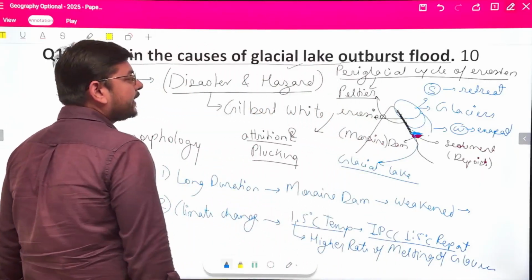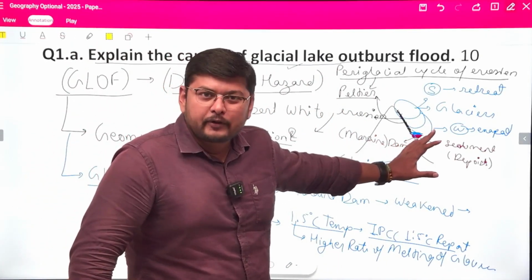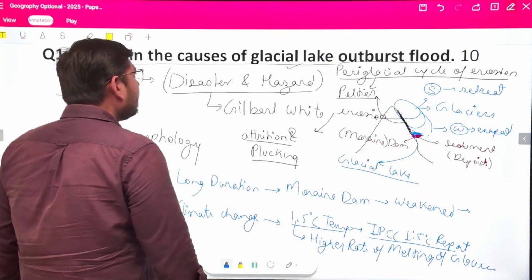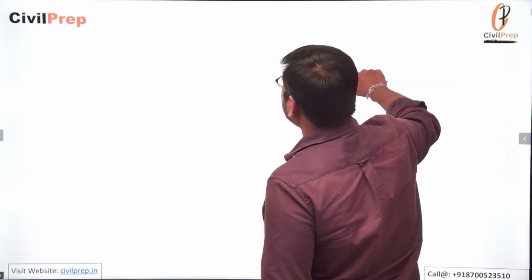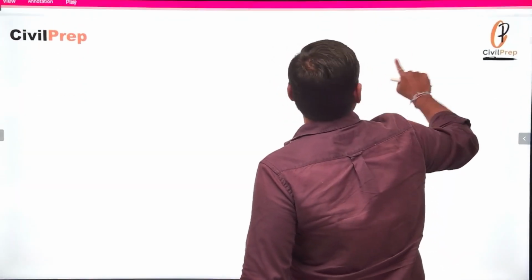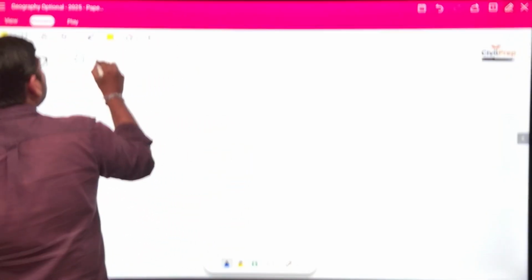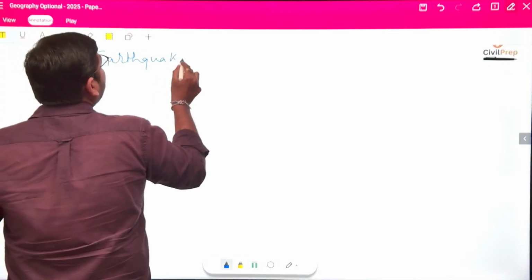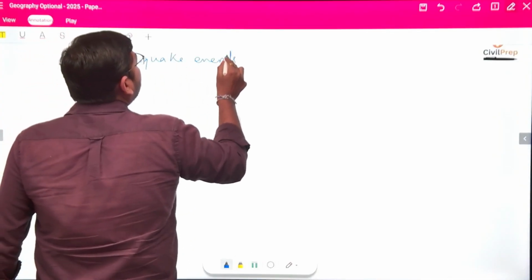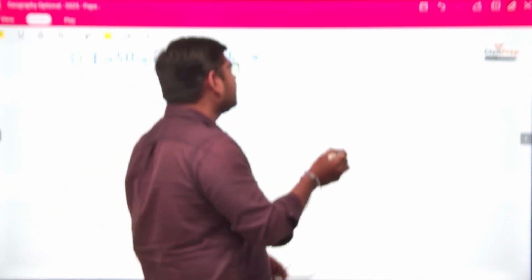So because of this higher rate of melting of glaciers, we are seeing increased GLOF events in the contemporary time. Apart from this, we will also see that sometimes because of earthquake events, the water present inside the moraine dam results in instability.